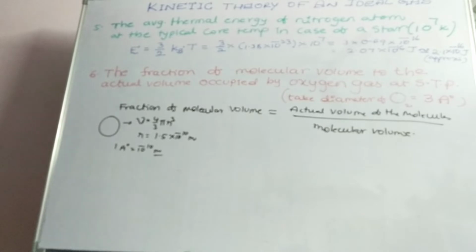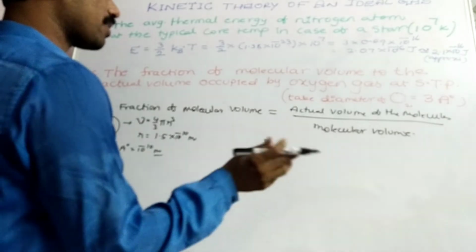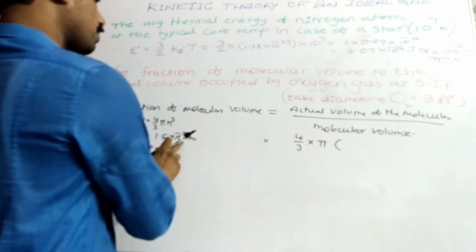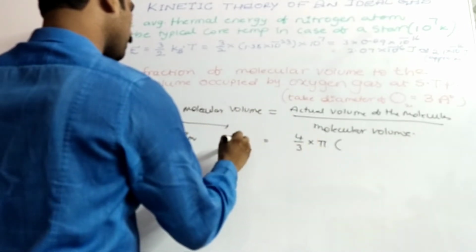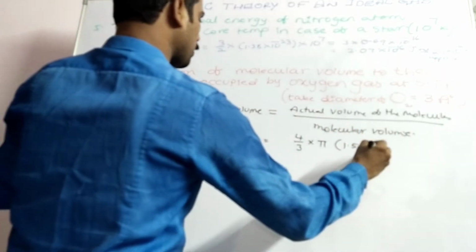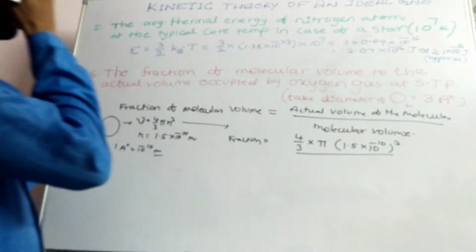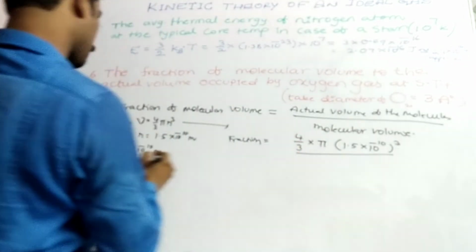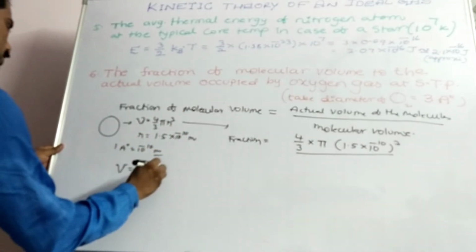Now that is equal to the actual volume of the molecules, 4 by 3 into pi into 1.5 into 10 to the power of minus 10 whole cube by 22.4 liters. The molecular volume V is equal to 22.4 liters.